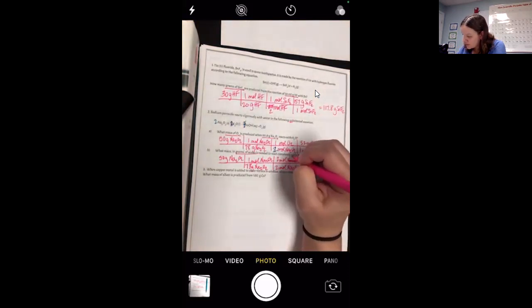And then I'm finding the mass of water. Oops, that's wrong. That's my bad, I wrote the wrong thing. So 1 mole of water, 16, 17, 18 grams of water.